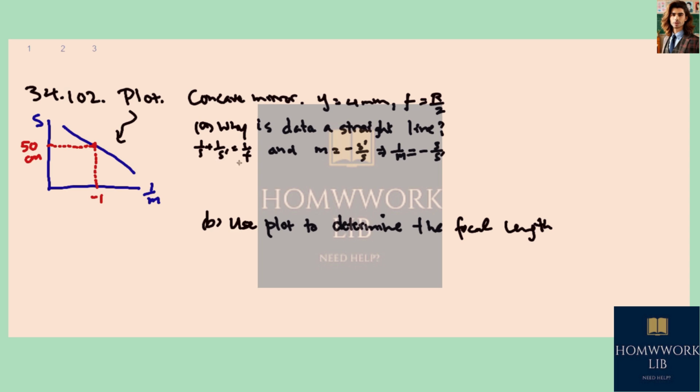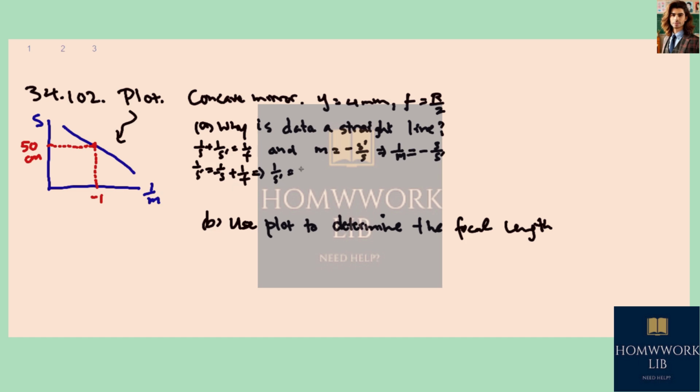So if I solve this equation for s prime, I have 1 over s prime is equal to 1 over s minus 1 over f. I have this backwards, so that should be minus 1 over s plus 1 over f, right?